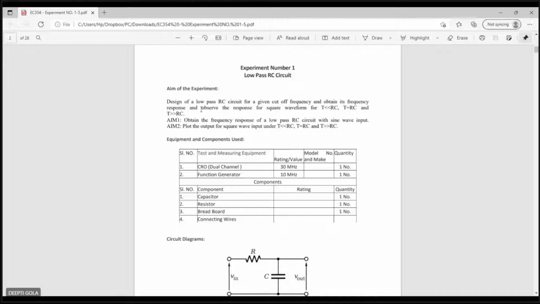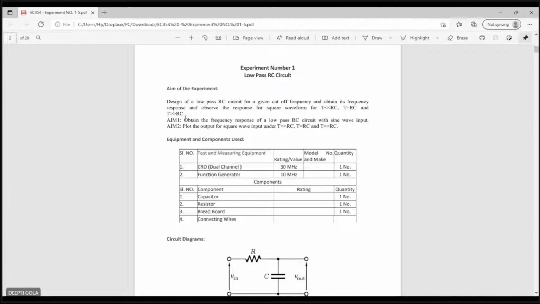Then you have to observe the response for a square wave when the time period is very, very much less than the RC value, when the time period is equal to the RC value, and when the time period is very, very much greater than the RC value. So for 3 conditions, you have to find out the response for the square wave input. The aim is clear to all of you.